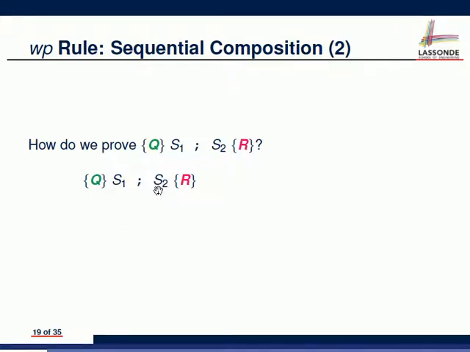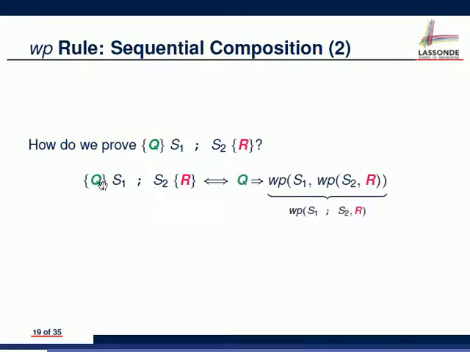And then make sure the existing precondition Q is no weaker than that, right? That's exactly what you will see. You can see that over here, this complicated formula is exactly the WP rule for S1 followed by S2 to establish R. And then make sure Q is no weaker than that, which means Q implies that.